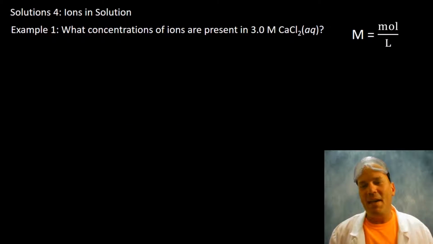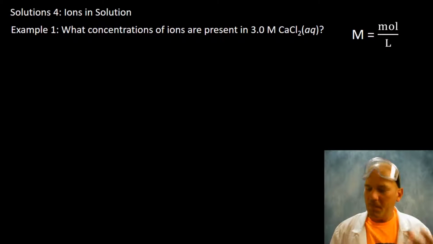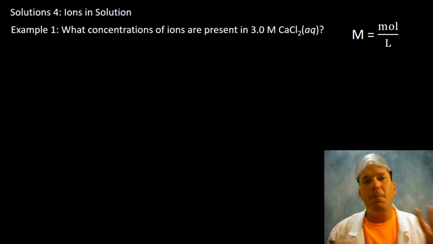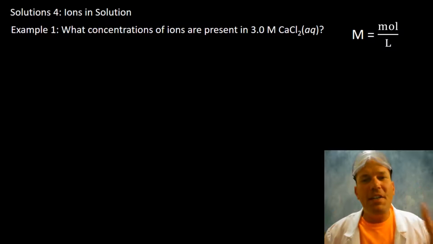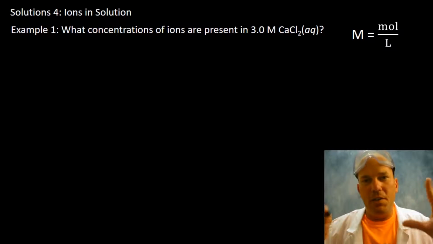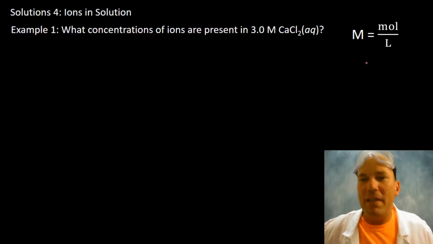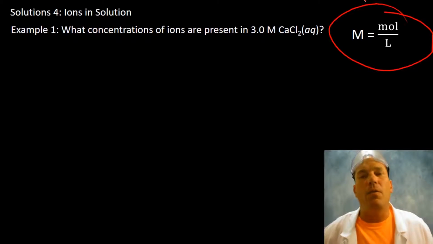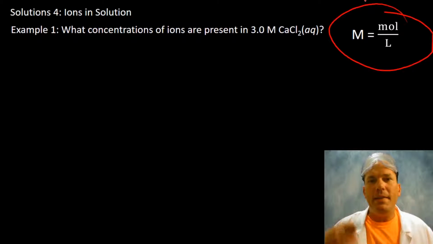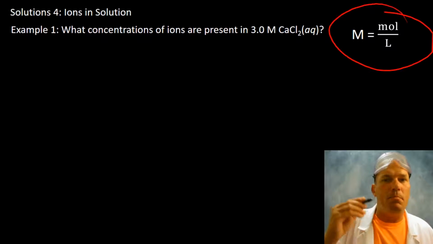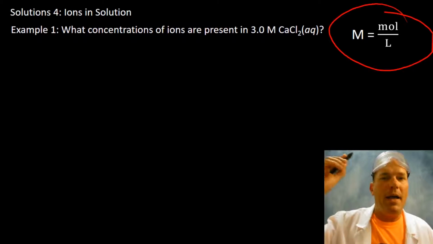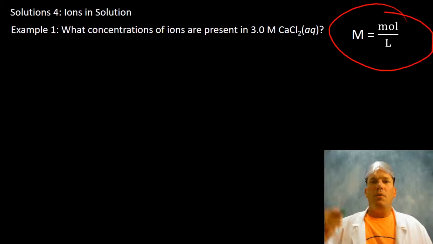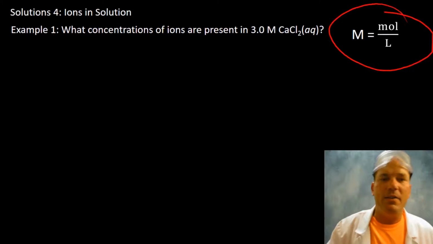Let's look at example problem number 1. Just like I've done in previous podcasts, if we're dealing with concentration and specifically molarity, I will write this down. Always write this down. Molarity is the moles divided by the liter. Moles per 1 liter.